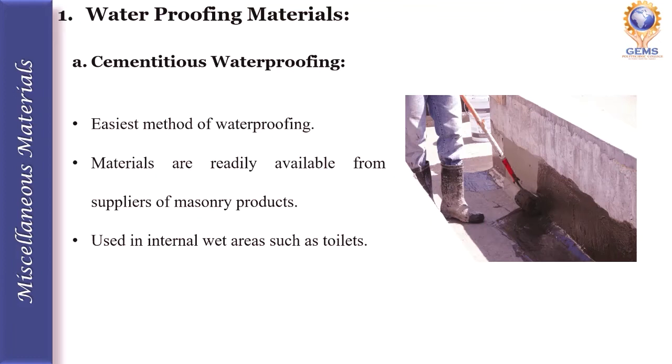The materials are readily available from suppliers of masonry products. Moreover, they are easy to mix and apply. These techniques are mostly used in internal wet areas, such as the toilets in our home. We will use cementitious waterproofing there.